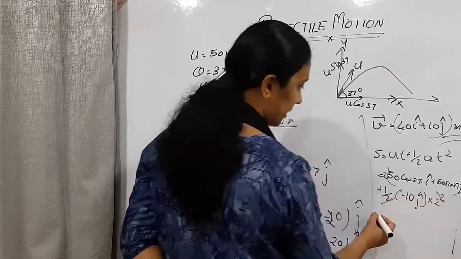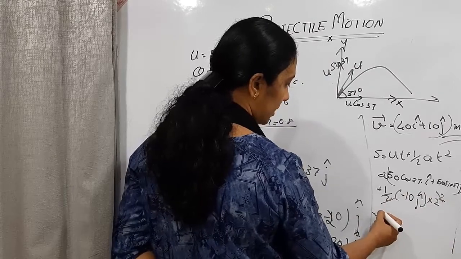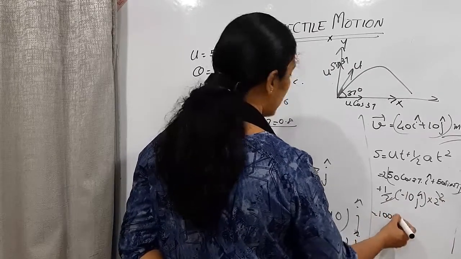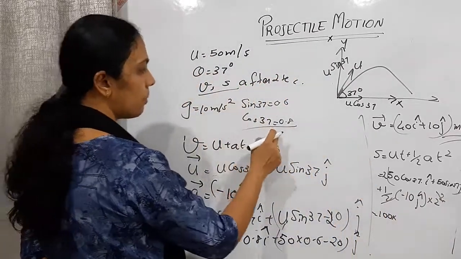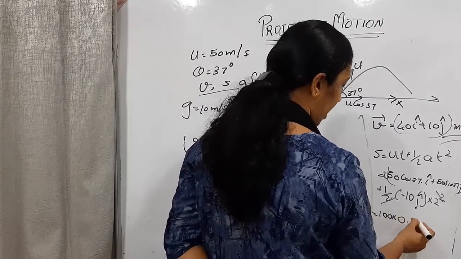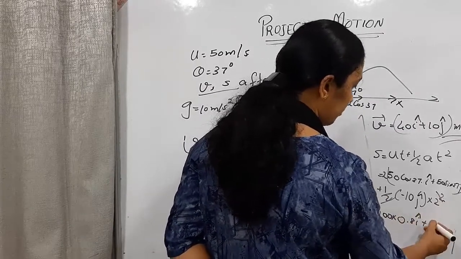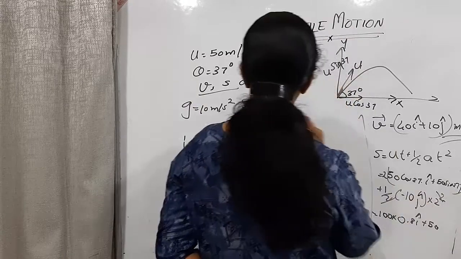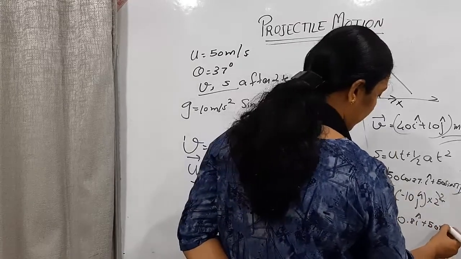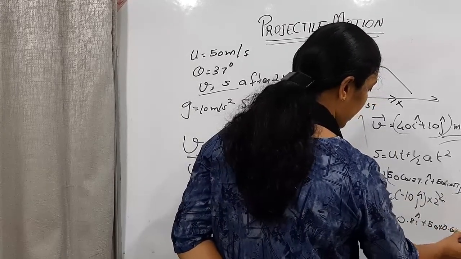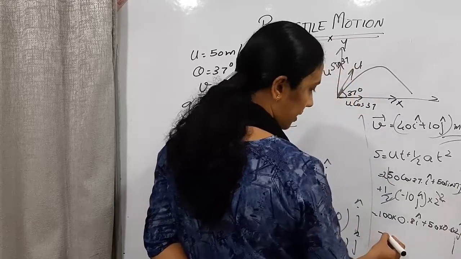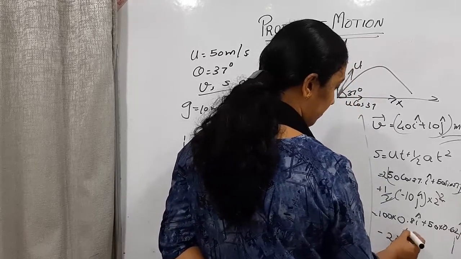Okay, the 1 2 will get cancelled. So here we will be getting 100 into cos 37 is 0.8 i cap plus 50 into sin 37 is 0.6 into 2 j cap minus 20 j cap.